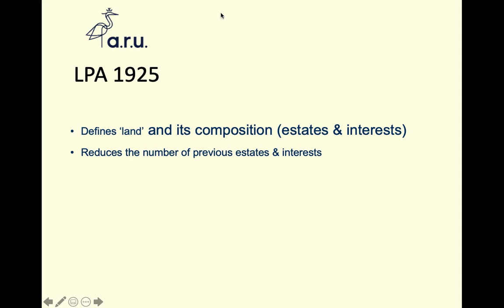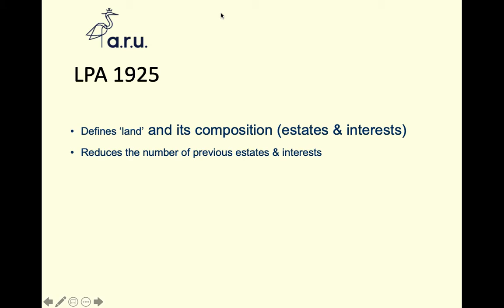All of those previous estates and interests, the fee tail, life estate, etc., are reduced and or made equitable, because they just become everything else. Whatever else it is, everything else, and then we'll need a piece of paper to tell us what the everything else is, because an equitable interest requires a contract.